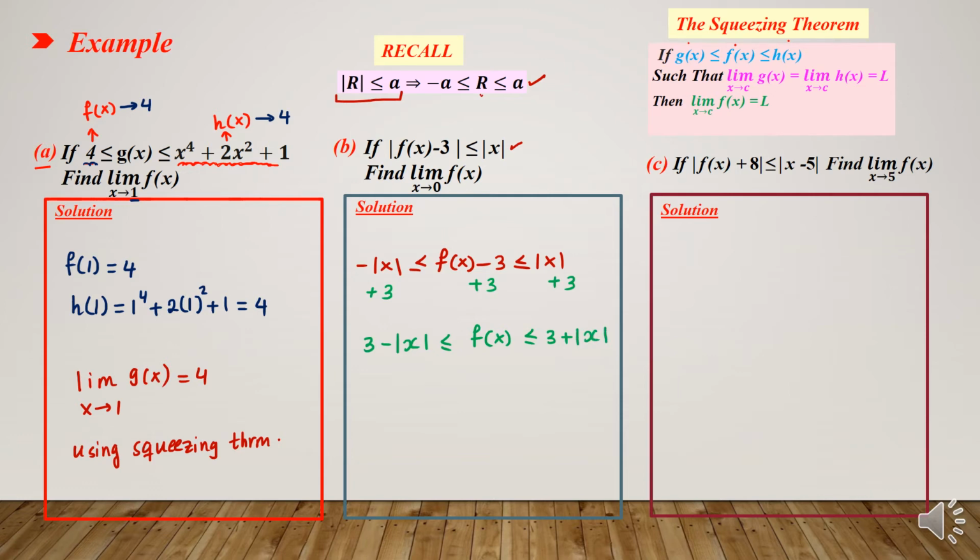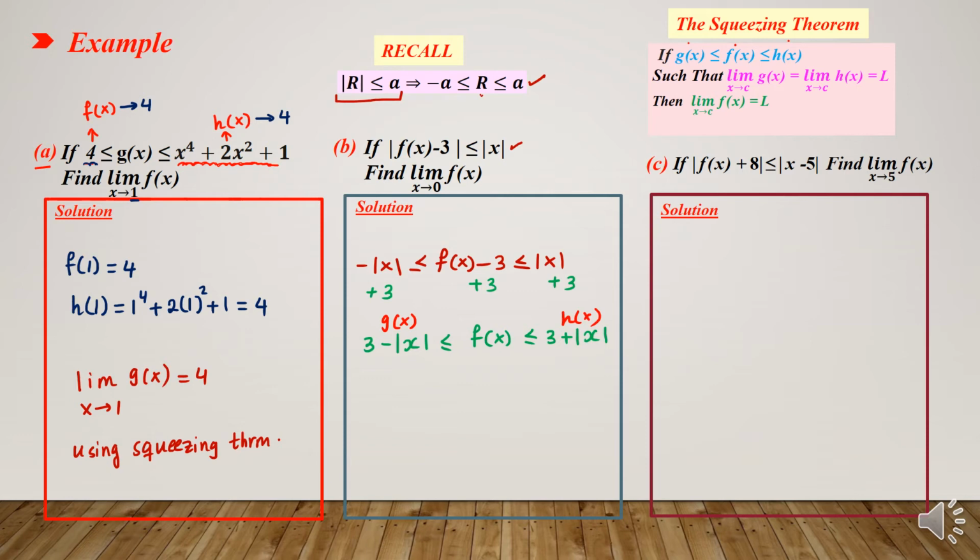And as you see, f of x is bounded between two functions. The first function is 3 minus absolute value of x, and let's say that this function is g of x, and 3 plus absolute value of x, let's say that this function is h of x.